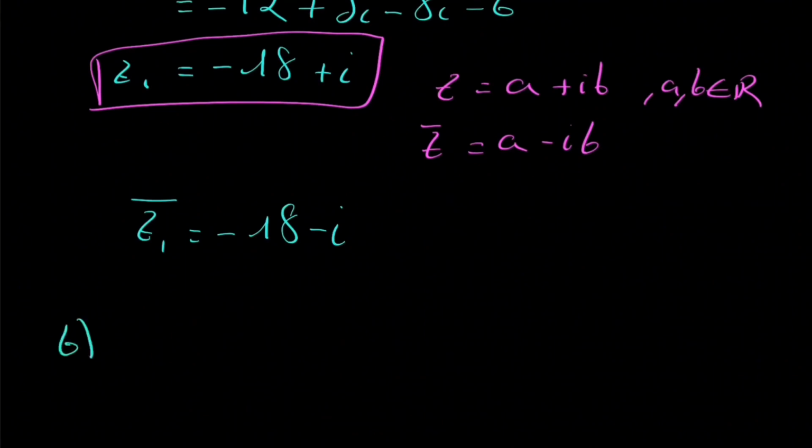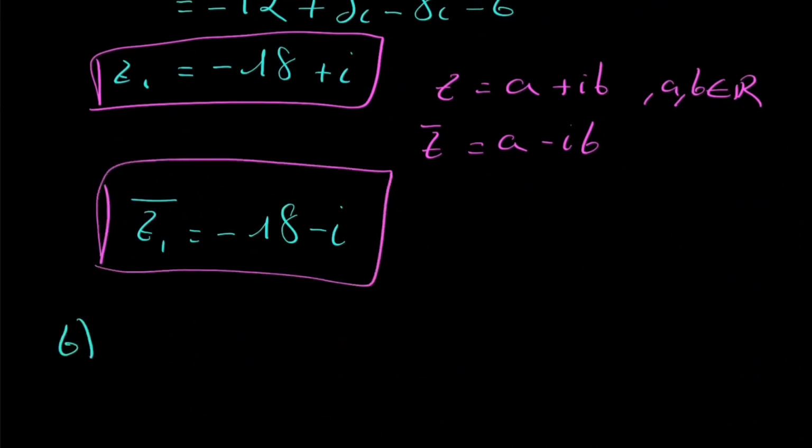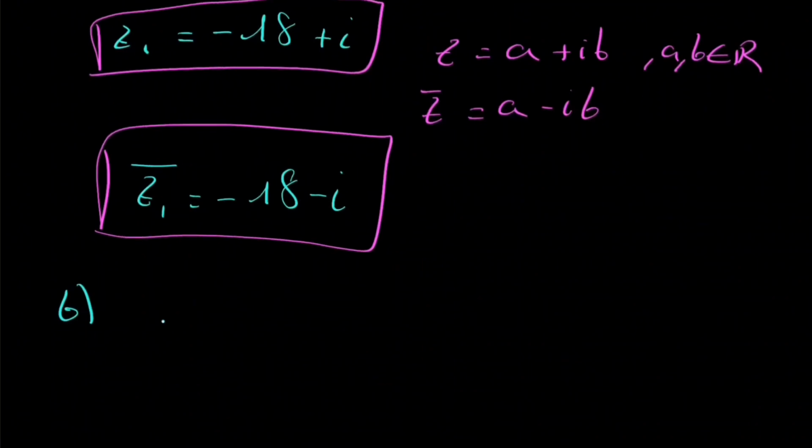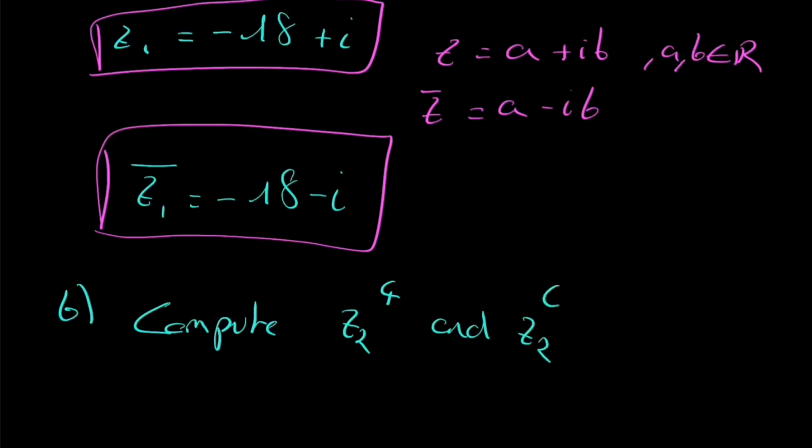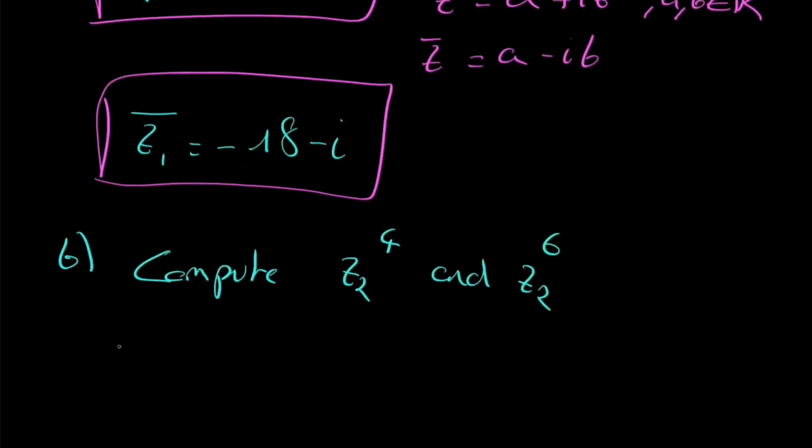Now, next question. So we answer the question. Next question. We want to compute z2 to the fourth and z2 to the sixth power when z2 is equal to z1 plus 19.